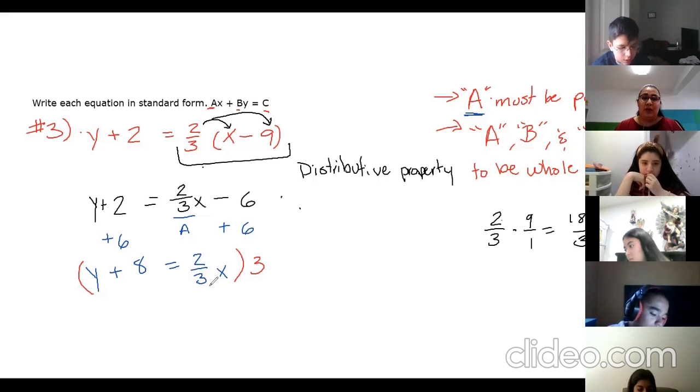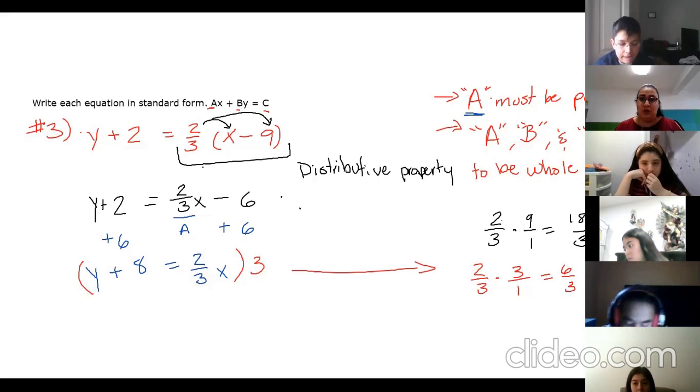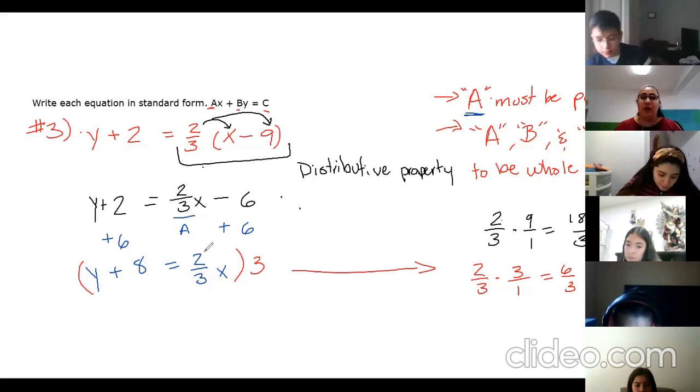Okay, so in this case, I'm going to do this multiplication here. 2/3 times 3 is going to be equal to 2 times 3 is 6, 3 times 1 is 3, so that's going to be equal to 2. Okay, now we multiplied this times 3 because remember, we want to get rid of the fraction.